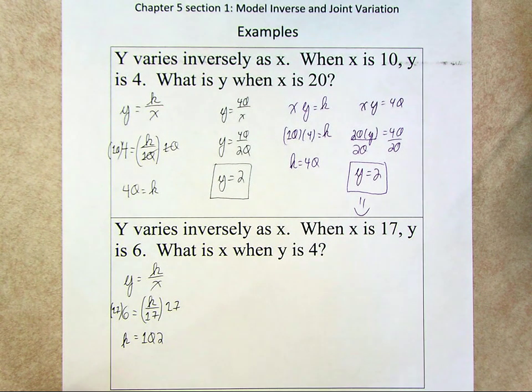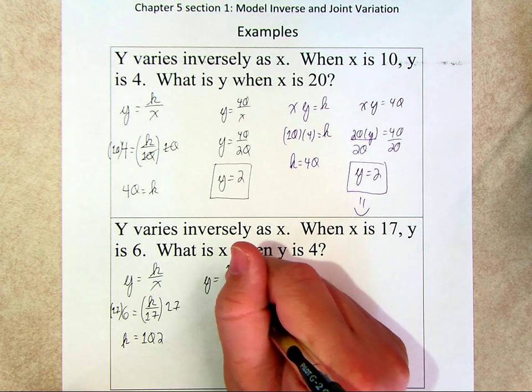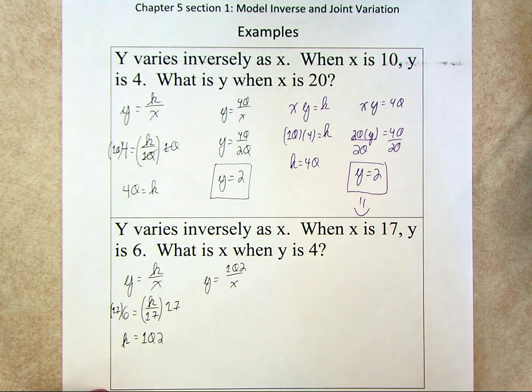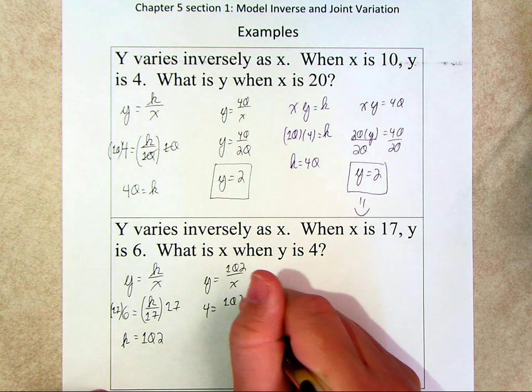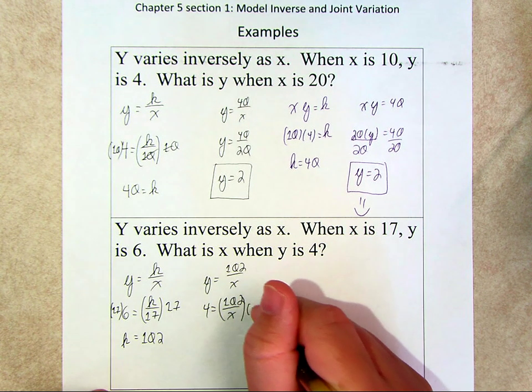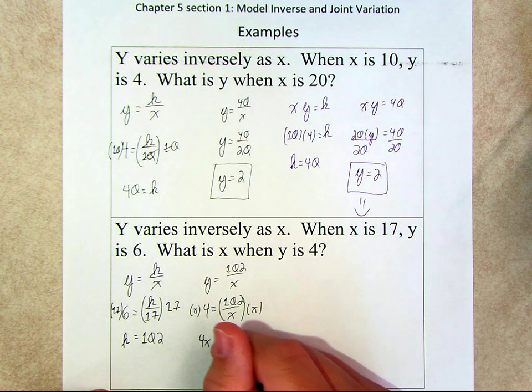All right, so let's look at this. y is equal to 102 over x. Now I'm saying, what is x when y is 4? 4 equals 102 over x. Multiply both sides by x in this case. 4x equals 102.